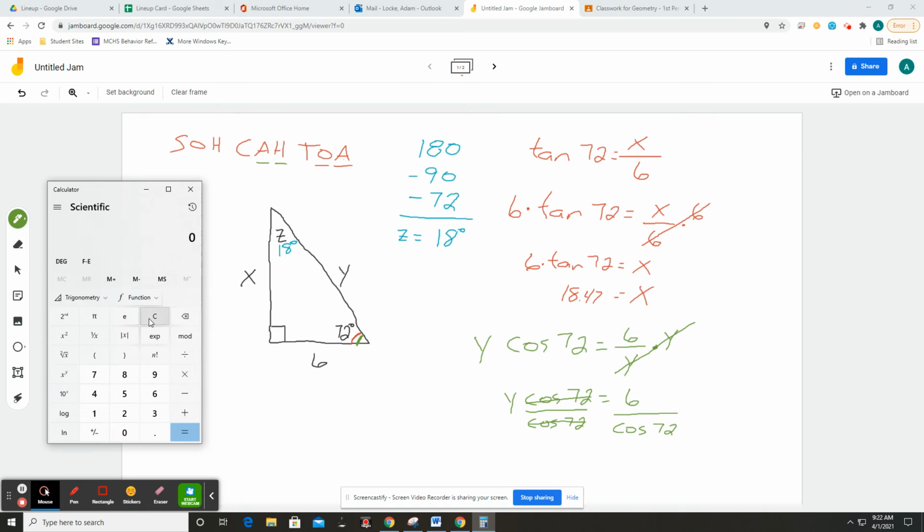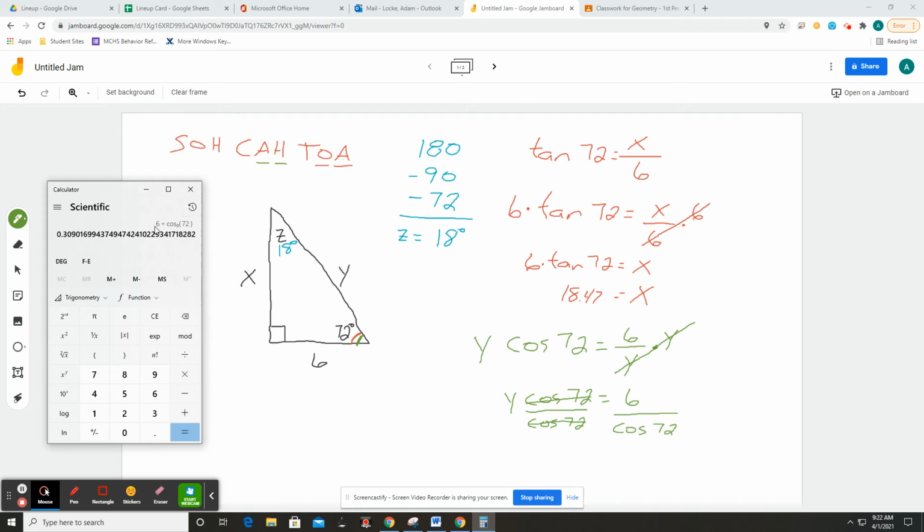And one thing I should note in this video is, notice on my calculator it says I'm in degree mode. Make sure you're always in degree mode and not radians or any other modes that your calculator may have. All right, so I'm going to type in 6 divided by, and in my calculator I have to do 72 cosine. And notice that's that 0.31 number again.